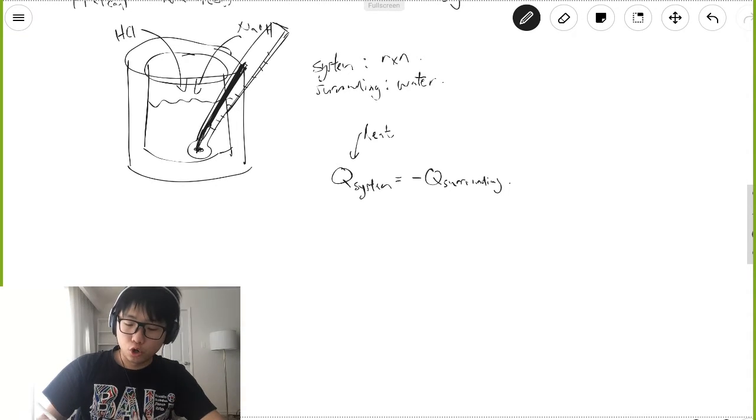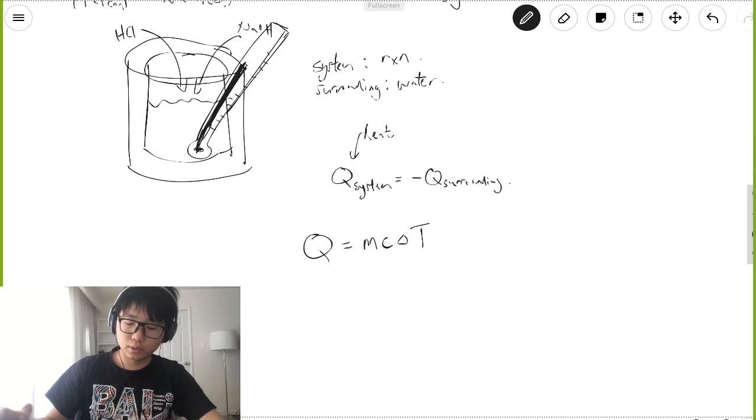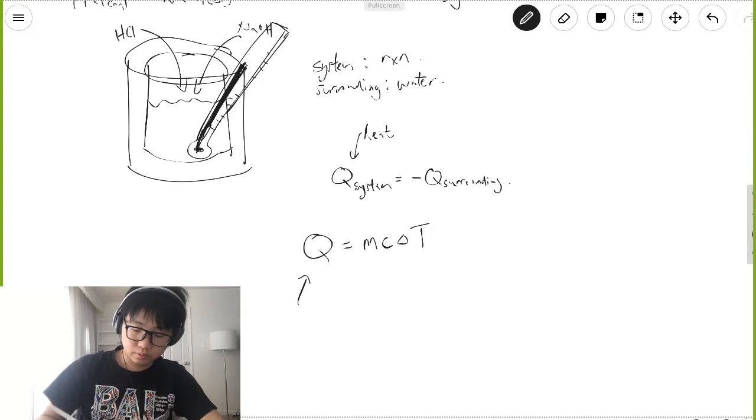Okay, so another equation I need you to know now. This one will be a little bit harder to sink in, but I think it will be pretty interesting. The heat transfer of an object is equal to mcΔT. Let's look at the individual components.